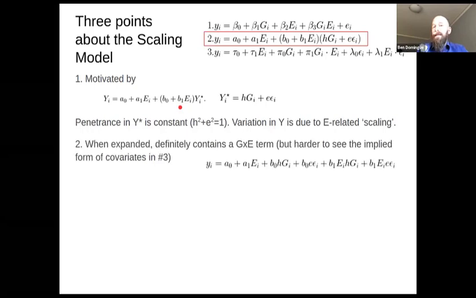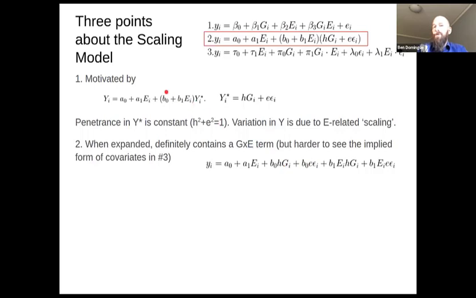If we expand this, if I replace Y star with this thing over here, and then I multiply through, I do get a GxE term, right? That's right here. But what you don't really see just from this view is that there's actually a delicate balance of the covariates in this. In particular, there's a delicate balance of the coefficients that we're now going to exploit.